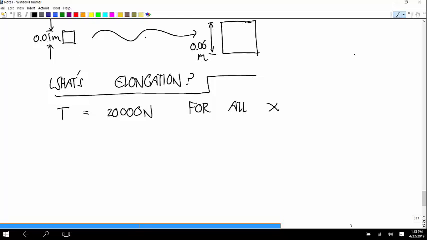Basically, what we really need in the end is the cross-sectional area as a function of x. But that's going to be equal to the width as a function of x squared.